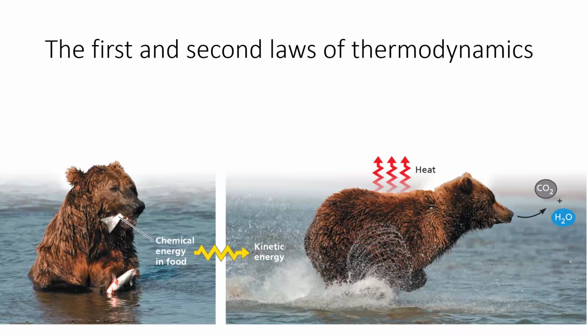We also have this fish being broken down into other products, smaller molecules like carbon dioxide and water, for example. Those small molecules are being released into this open universal system, therefore increasing randomness and disorder, or entropy, in our system. So this is how the first and second laws of thermodynamics apply to biological systems.